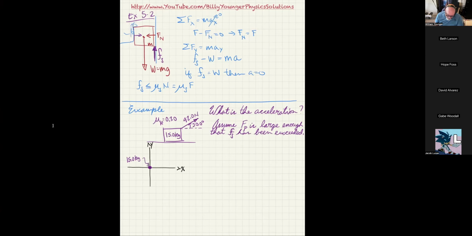Now, the forces acting on it are, oops, this program really automatically changes to random stuff. But this force is 42.0 newtons, and it's at 30.0 degrees. Notice I drew it purple.